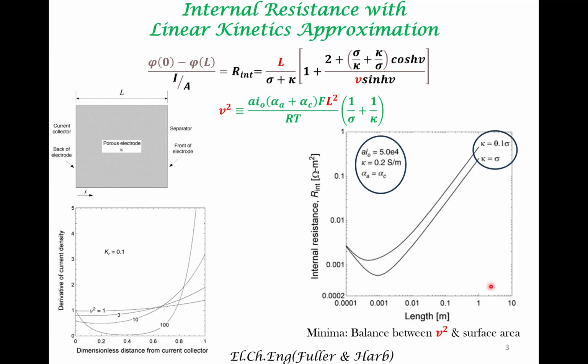For large L, you suffer the penalty of having large non-uniformity in reaction rate, even though you have a fairly increased surface area. So in order to balance both these quantities, you have the minimum at an in-between L, which is neither too small nor too large.